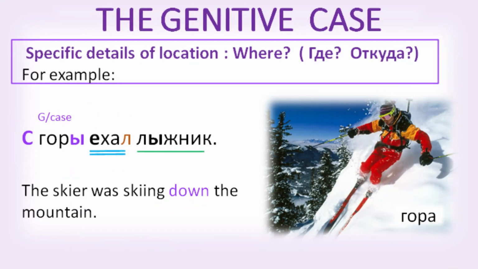С горы ехал лыжник. The skier was skiing down the mountain. Note that the verb ехал is in the past tense and is an imperfective, unprefixed verb of motion, which indicates that the action was continuous and was not completed.